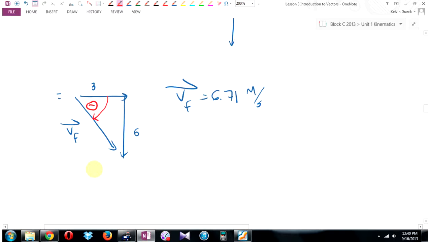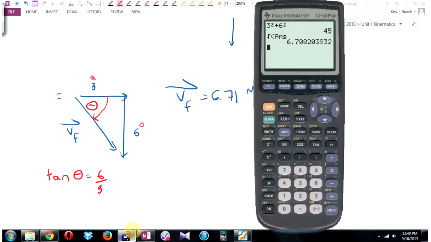Curtis, my friend, which trig function am I going to go with here? What were you doing this summer? Sure. Shift tan of 6 over 3.